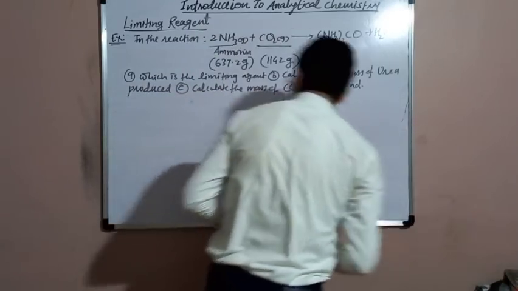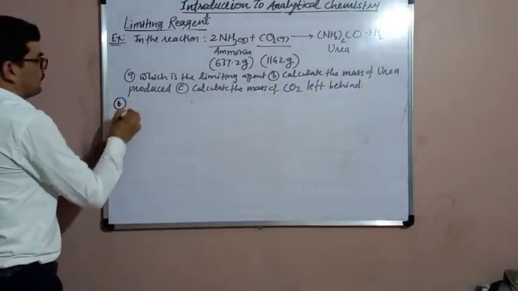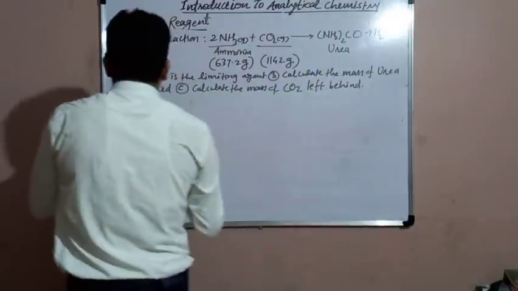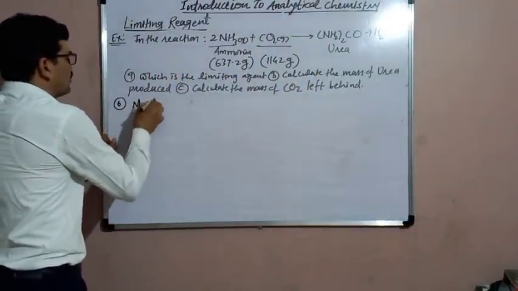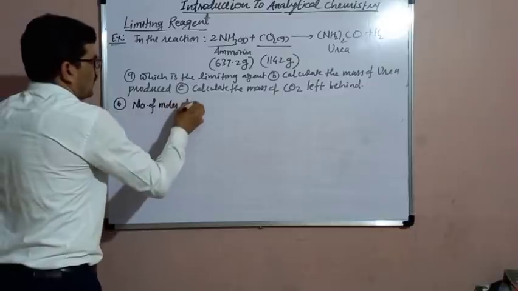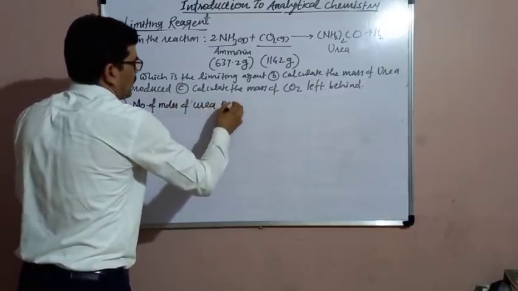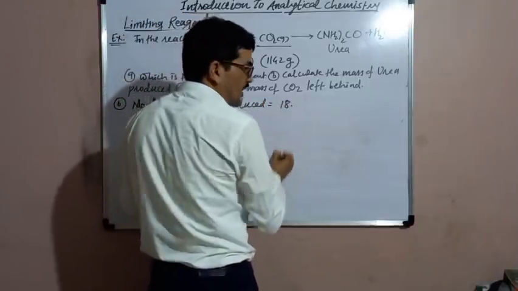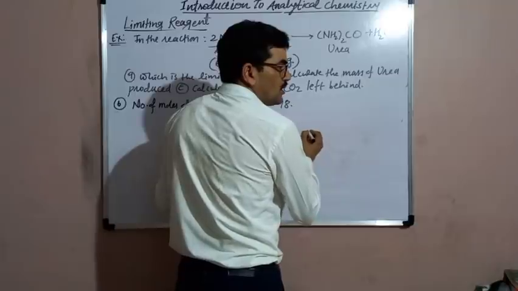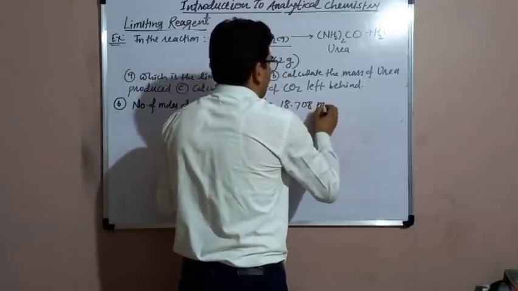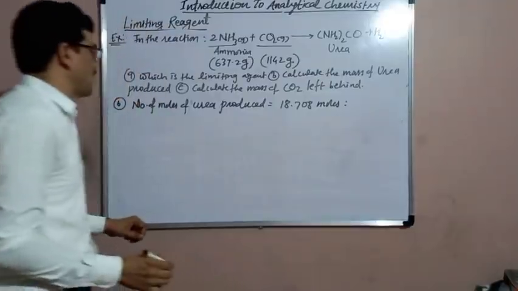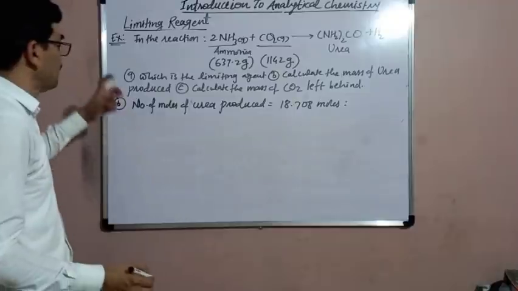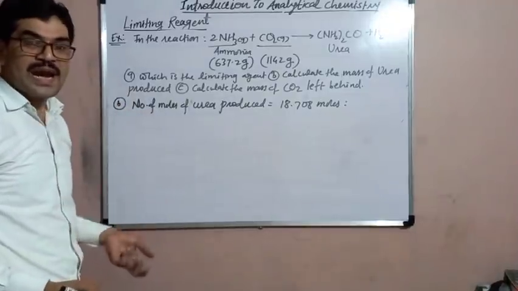Now B. Number of moles of urea produced will be equal to 18.708 moles. 18.708 moles of urea will be produced there, because these are the number of moles of urea which are produced from ammonia. Ammonia is the limiting reagent.